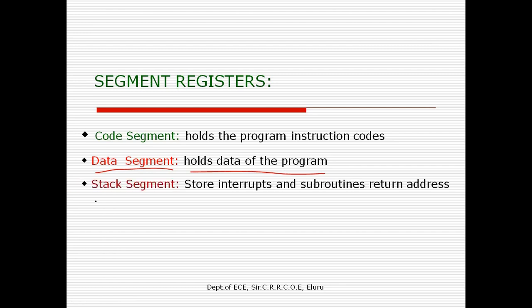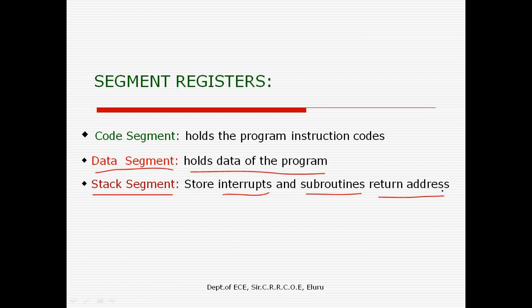The third memory block is the stack segment memory. Mainly the stack segment memory is used to store the interrupt addresses, subroutine addresses, and return addresses of procedures or subroutines.